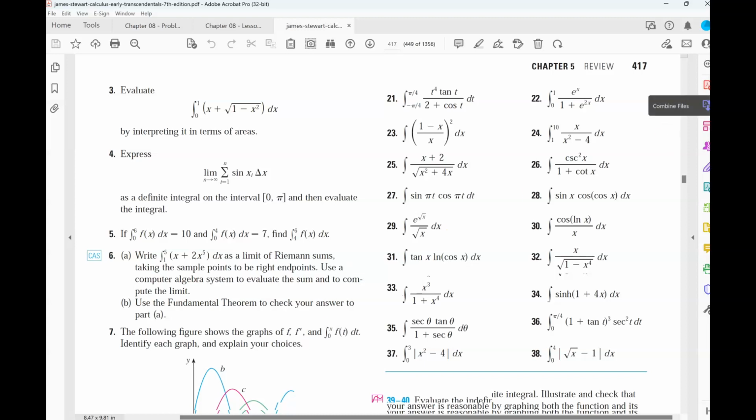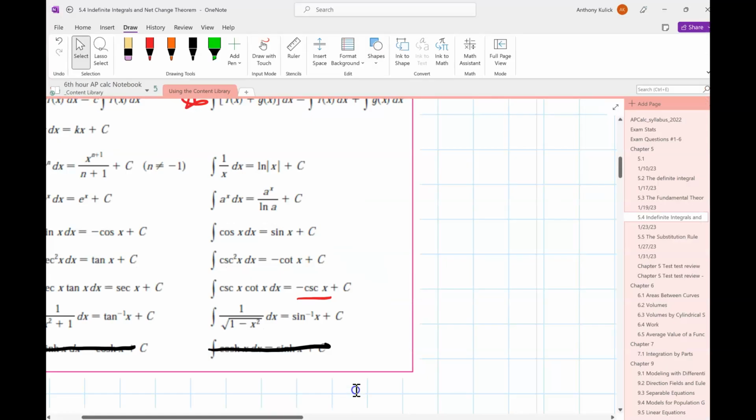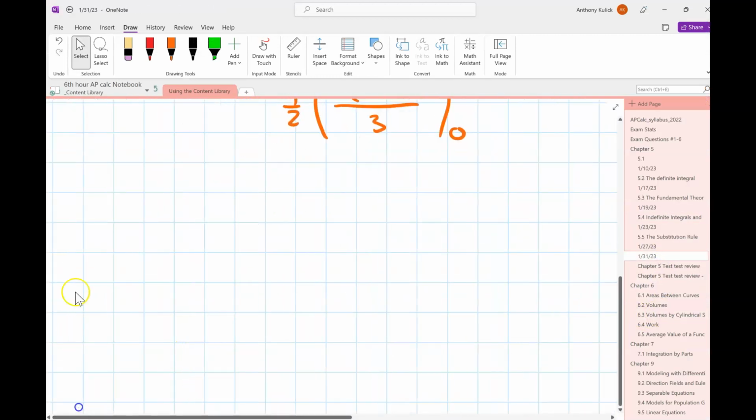So let's grab 37 for an example. I'm going to drop it in and show you what to do with that, because these are good ones, since it's not obvious what to do.